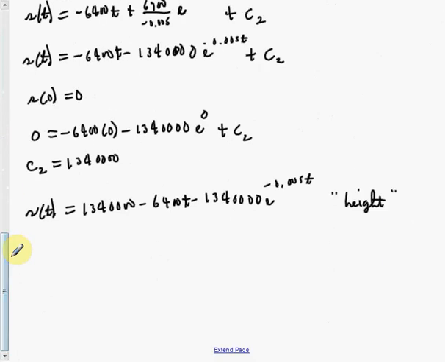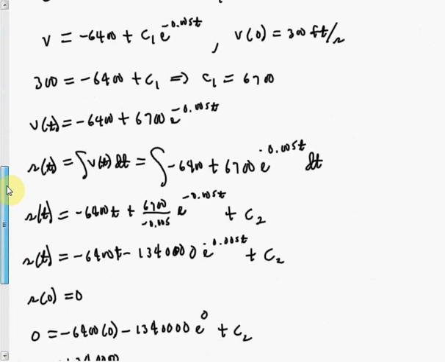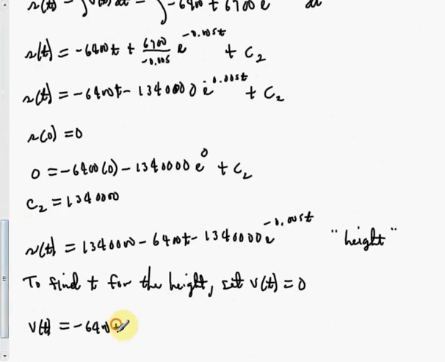So to find t, for the height, set v of t equal to 0. And we got v of t, it's this guy right here. So v of t is negative 6400 plus 6700 times e to the negative 0.005t.